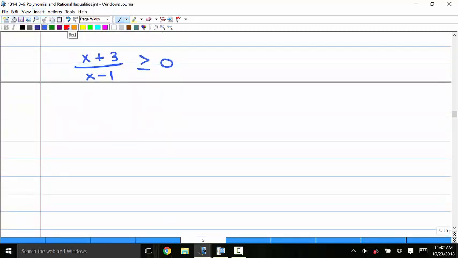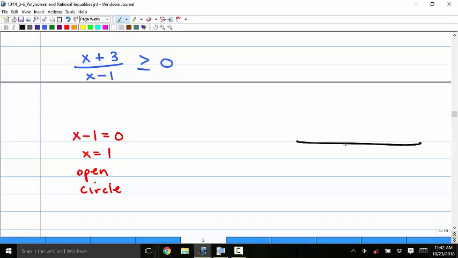Okay, if I set my denominator equal to 0 and solve for x, is that going to be an open or a closed circle? Always open. Denominator's always open. So on my number line, I'm going to have an open circle here.